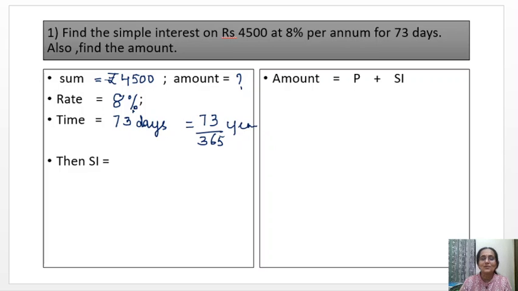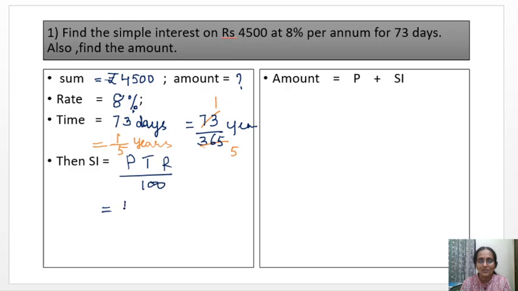So 73 reduces here itself. You will get 1 by 5, so time is 1 by 5 years. Now you can calculate the simple interest using the formula PTR divided by 100.